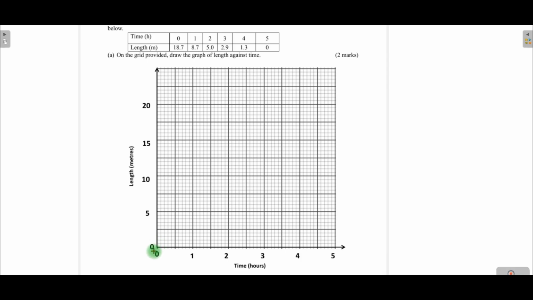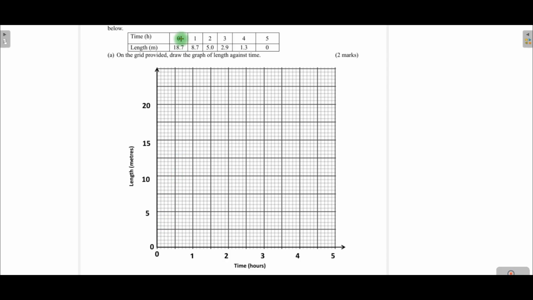From 0 to 5, there are 10 divisions, and therefore one division is 5 divided by 10. So one division is 0.5 on the x-axis. Therefore, let us plot the points.